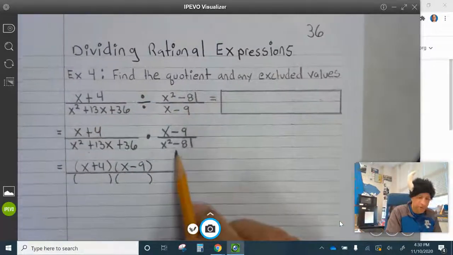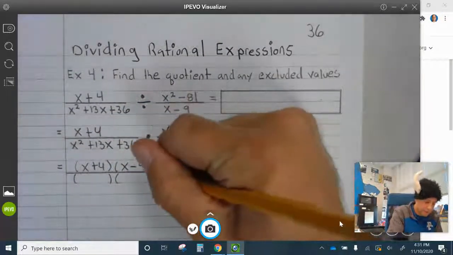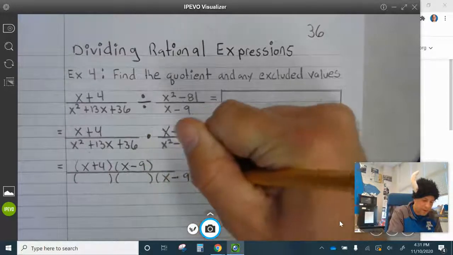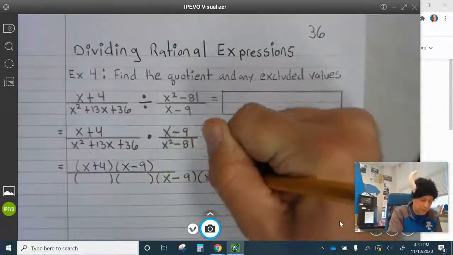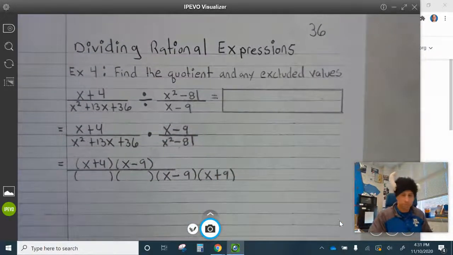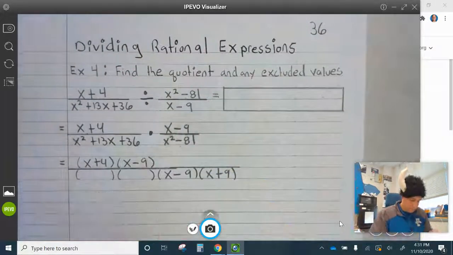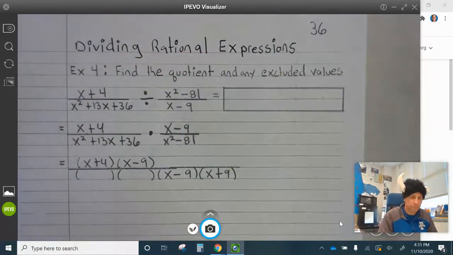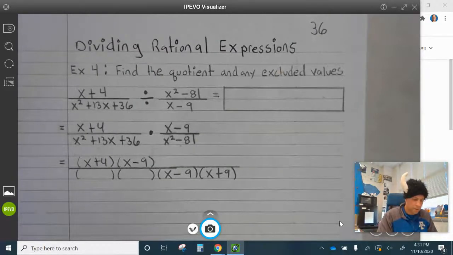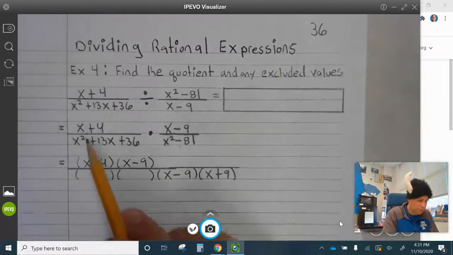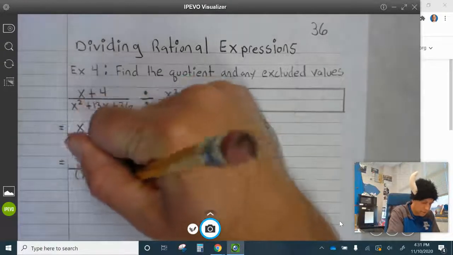And then this one is a difference of squares again, so that's x minus 9 times x plus 9. Okay? So now we need to factor this. We know x and x is x squared.